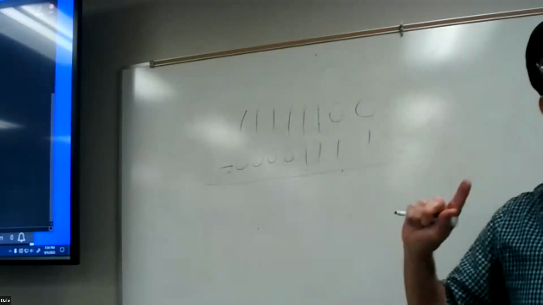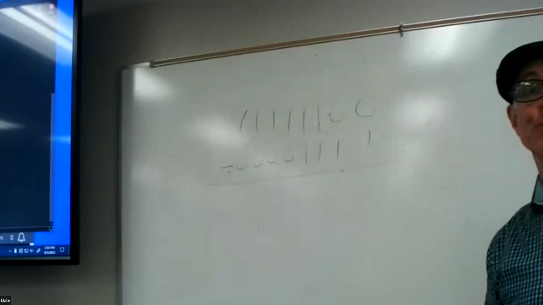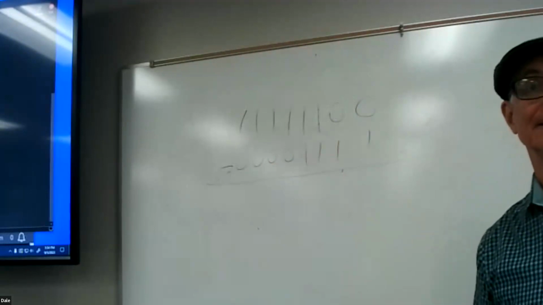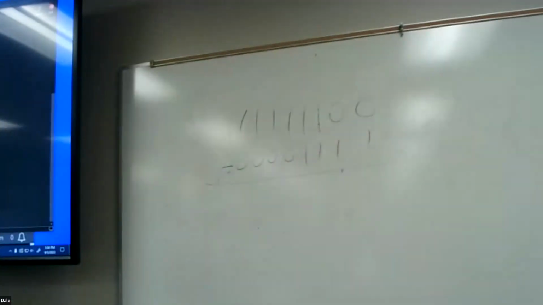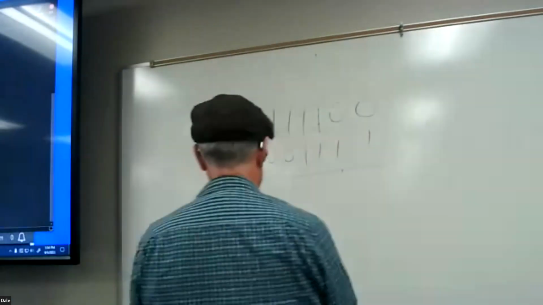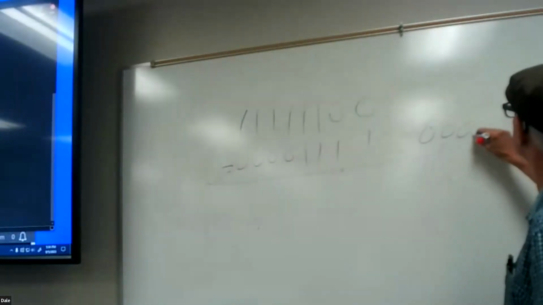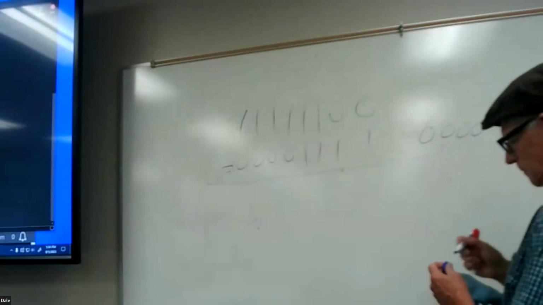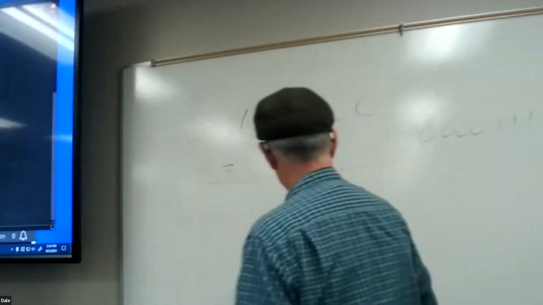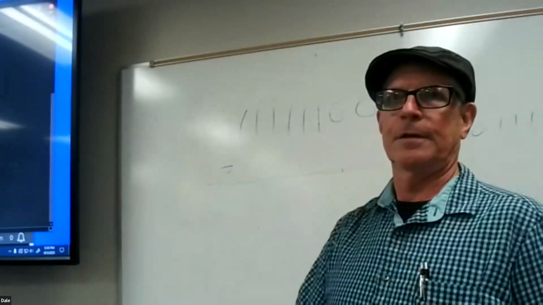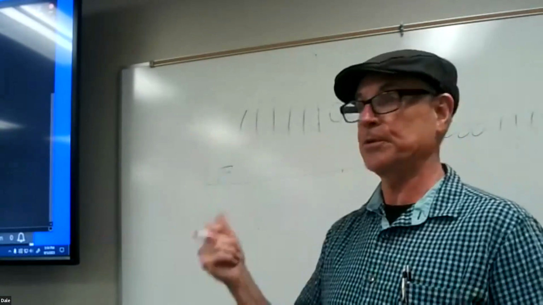Let's try something. You heard me mention 2's complement, right? So let's use a different color pen here and have some fun with this. I'm going to write my original number over here. Now I'm just going to do a straight inversion. So wherever it was a 1, I'm going to put 0.